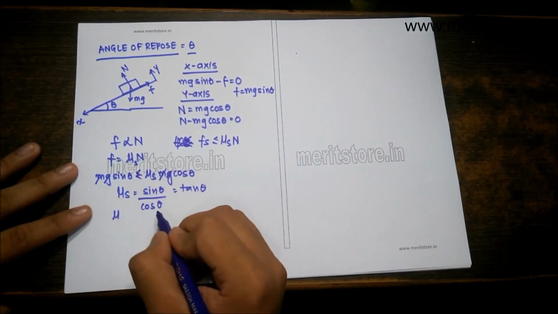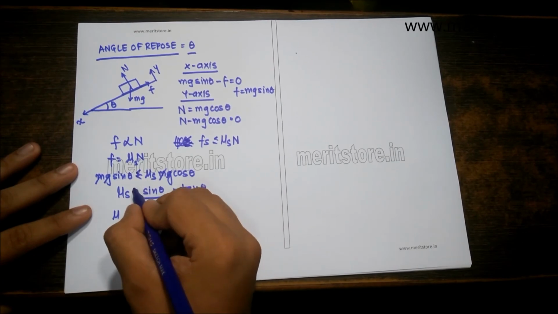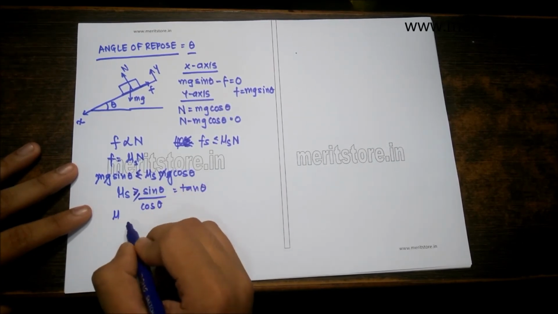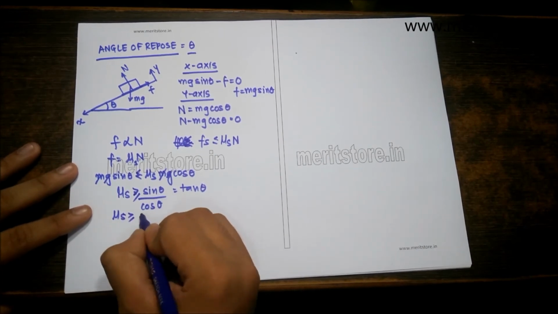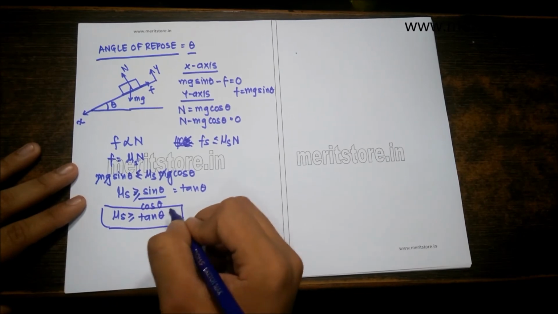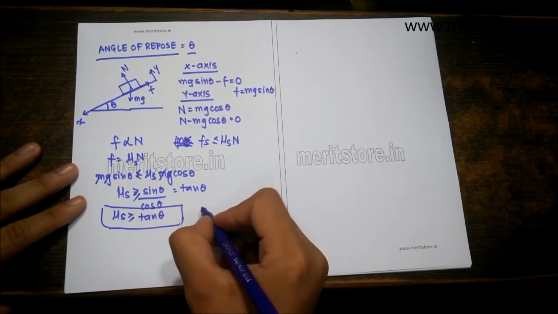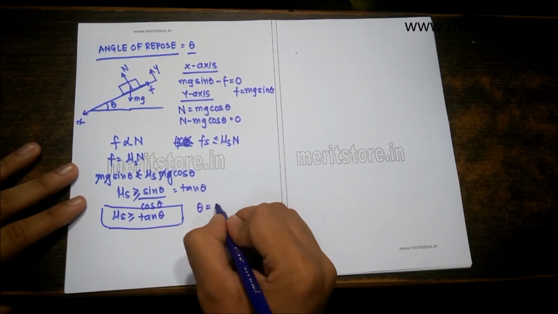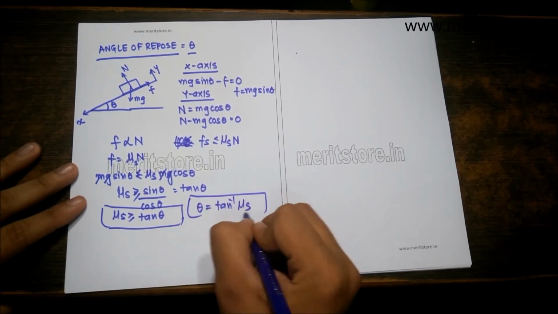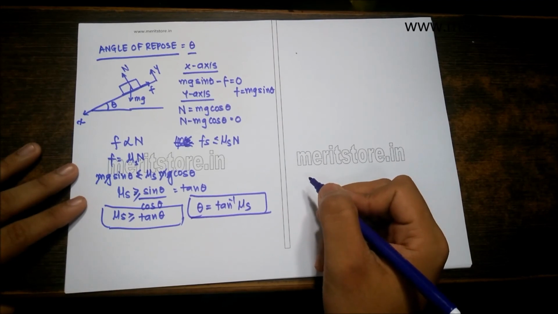So mu s has to be greater than or equal to tan theta. This is my relation for the angle of repose. So my angle of repose theta is equal to tan inverse of mu s.